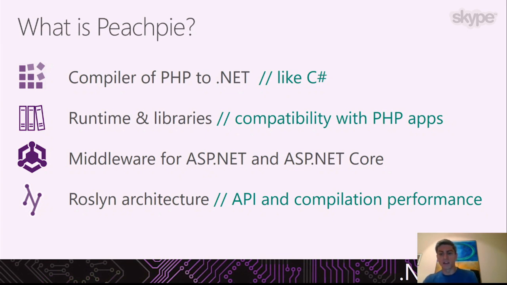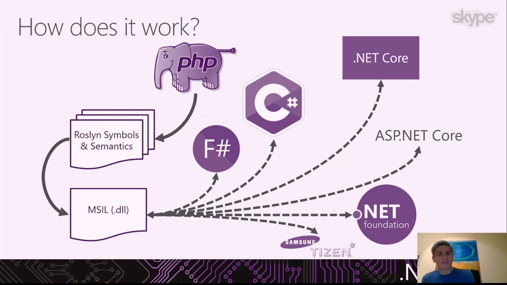So that was the theory. We can see some diagrams in here, like we process PHP using the Roslyn algorithms and Roslyn data structures, and produce a DLL, which is compatible with F#, C#, and all the other stuff.